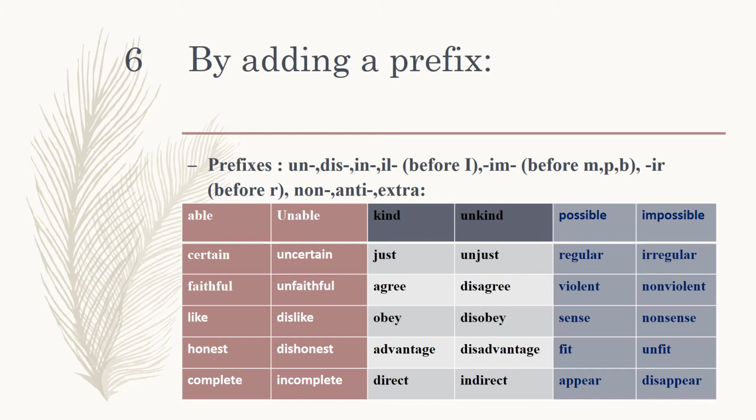And also you have to concentrate on the root word itself before you concentrate on which prefix to join to it. So let's have a look at the words given in this chart. Able, unable, certain, uncertain, like, dislike, honest, dishonest, complete, incomplete, kind, unkind, violent, non-violent, appear, disappear.